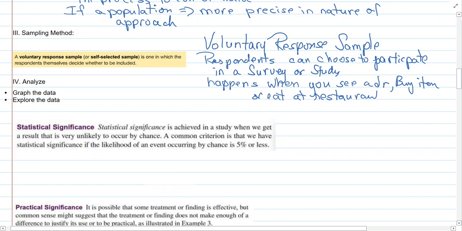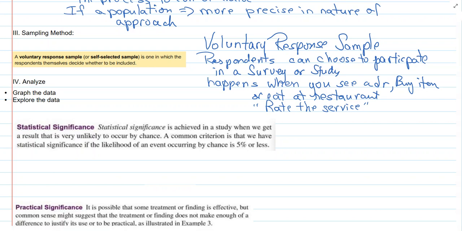And they want you to rate the service. Well, I read a lot on my Kindle, and they always want me to rate the book. Well, my taste is different than your taste. So it is difficult to figure out how confident that rate is, and if I was being honest.